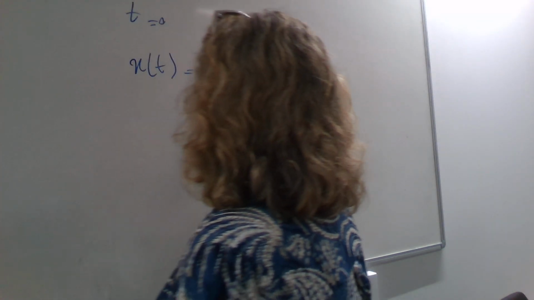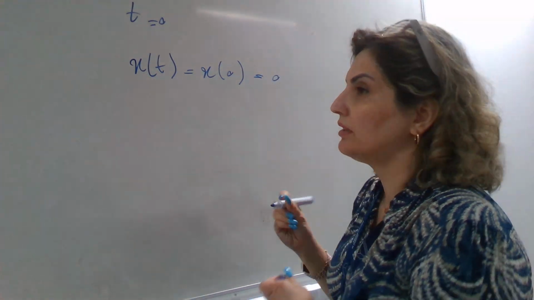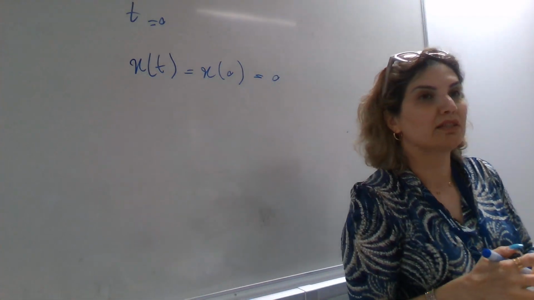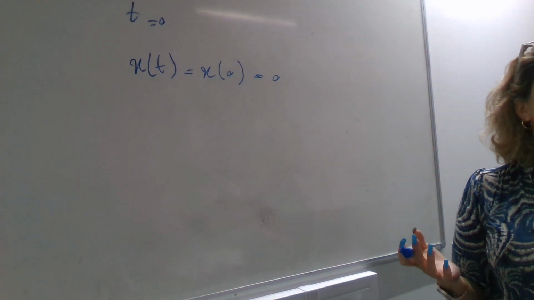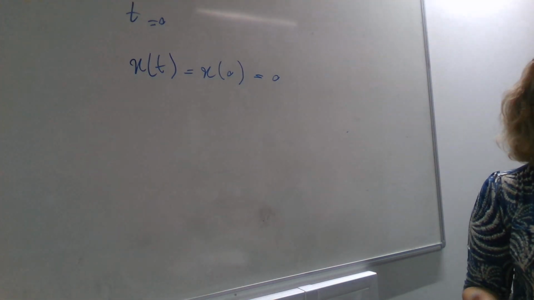Everything is going to depend on this. And if at the start nothing is moving, that's going to be 0. So my x of t will be x of 0, and it does make sense because at the start nothing is moving, so my x, which was my displacement, should be 0.